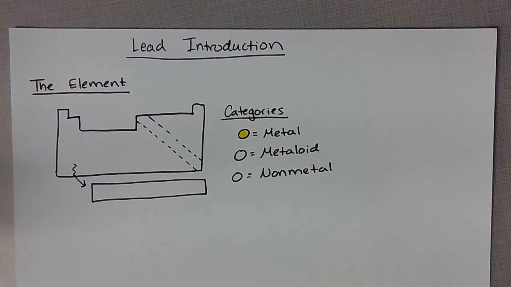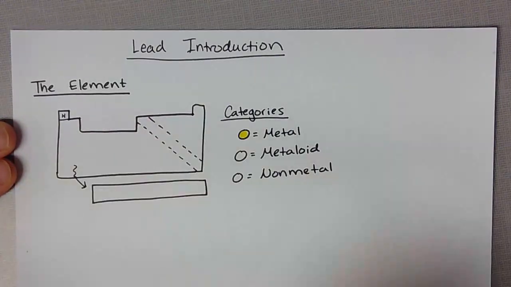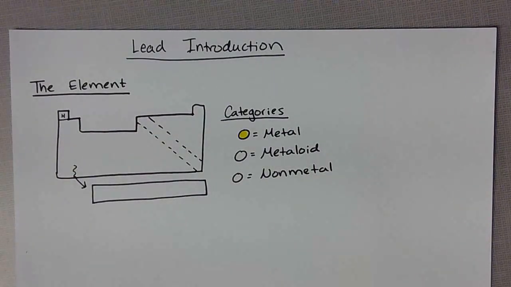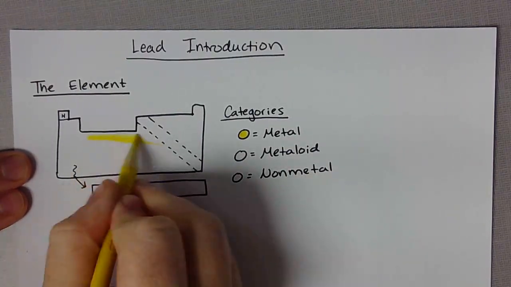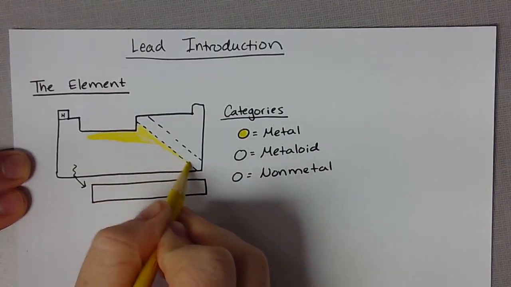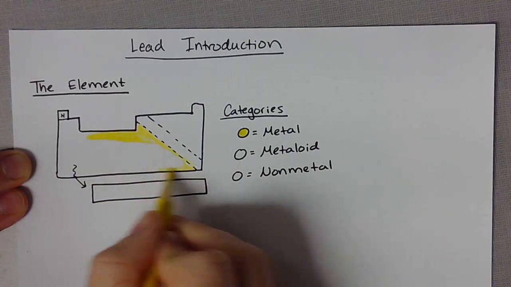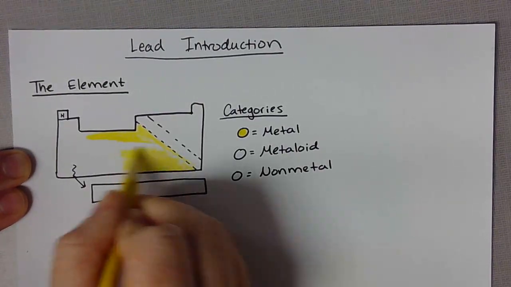Now, there is one exception. Hydrogen, we're going to save for later. But everything else over to the left, we're going to color yellow. Every element over here is a metal. And it has the traits that you think of when you hear the word metal.